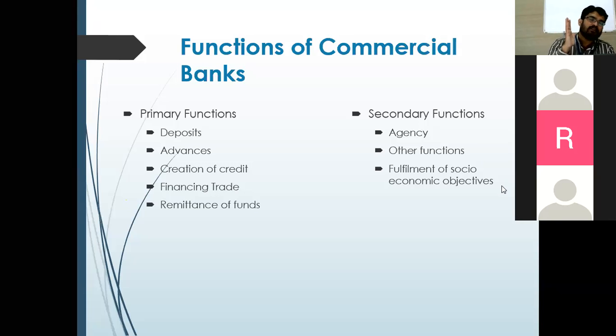Under term loans we have the mortgage, hypothecation, lien loan, etc. Then we have consumer credit facility, that is the facility to buy electronic equipment, your washing machine, TV, fridge, etc. Whatever you buy through consumer loans. So these are the different types of loans provided by commercial banks.